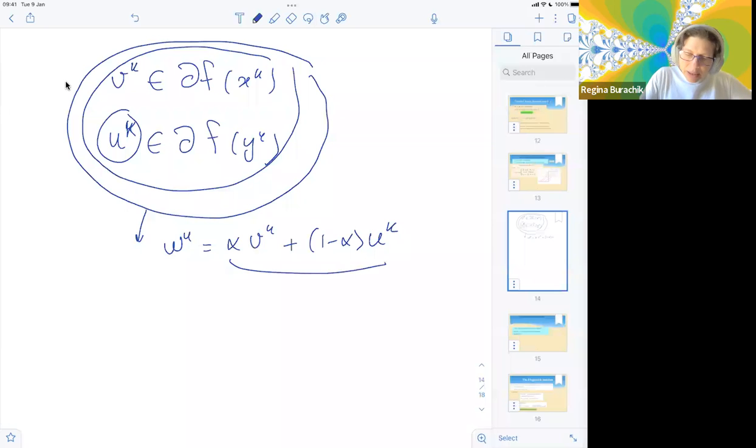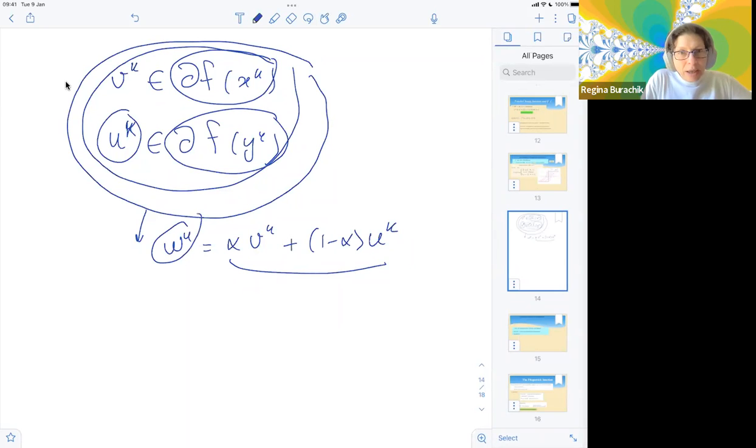And this guy is not in the subdifferential of f at xk, and it's not in the subdifferential of f at yk. So you have to identify where this wk is. You know where this wk is going, but you don't know where.